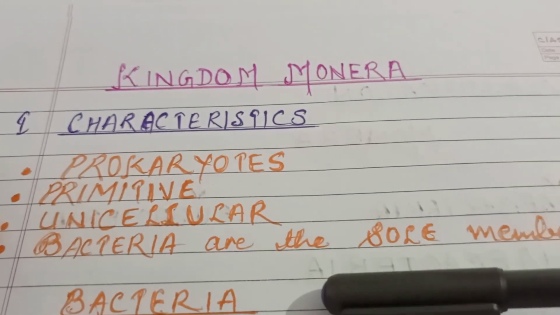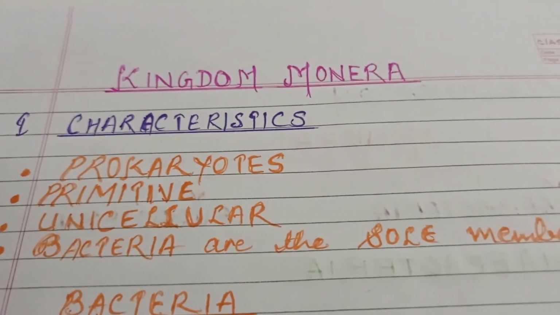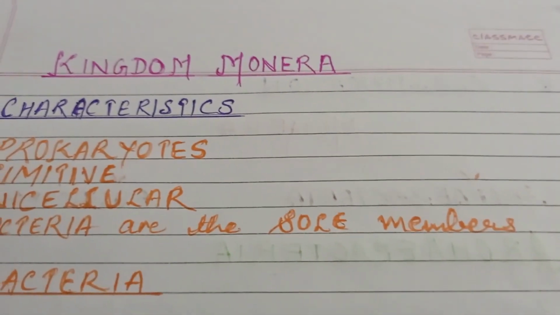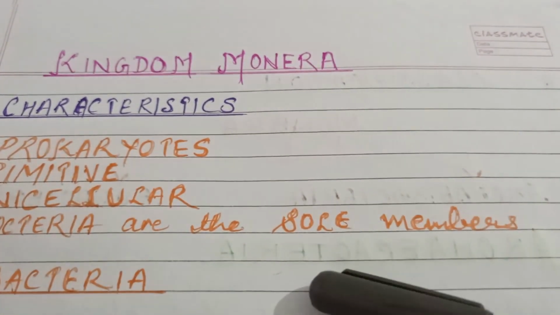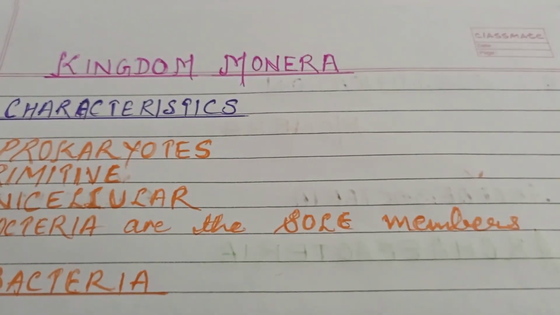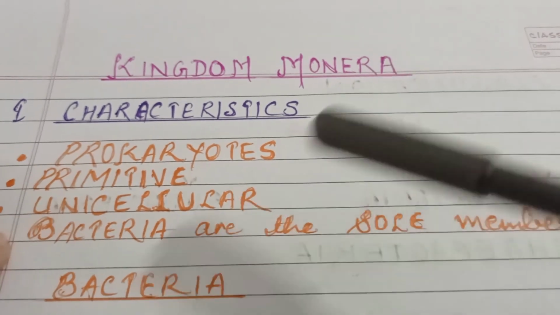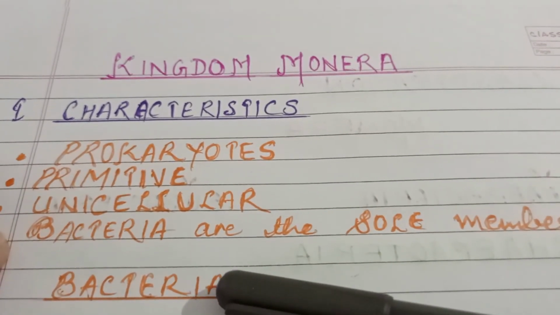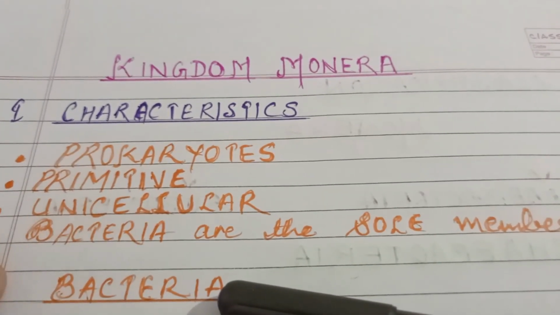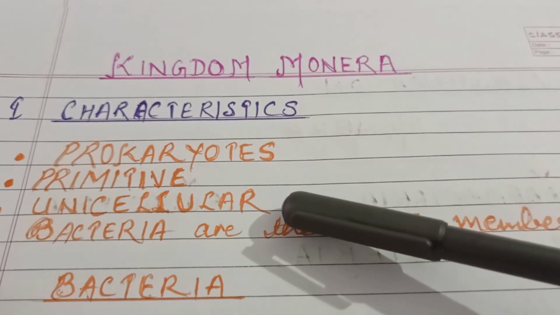Now an important thing: bacteria are the sole members of this kingdom. What does it mean? Sole members means bacteria are the only members of this kingdom. Kingdom Monera includes what? It includes bacteria. So very fast, what are the main characteristics of the members of Kingdom Monera?